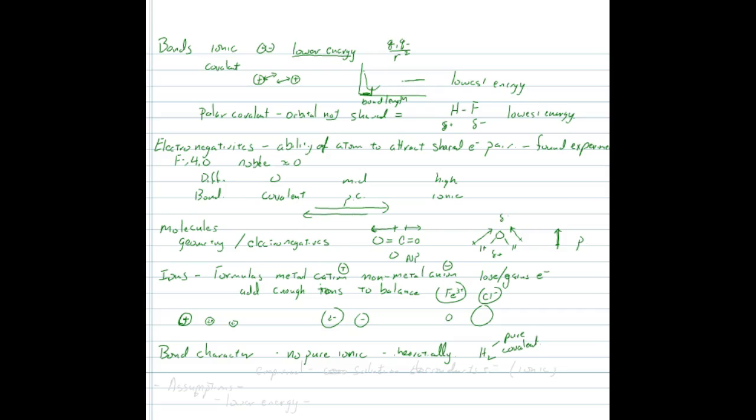The book goes through a bunch of steps to kind of show you what's going on, but empirically, that means you test it. If you dump it in water and it conducts electricity, it's ionic. So if a solution conducts electricity, then it's ionic.